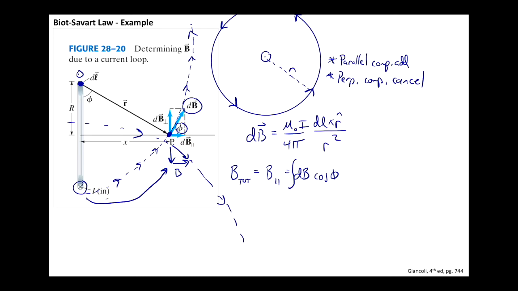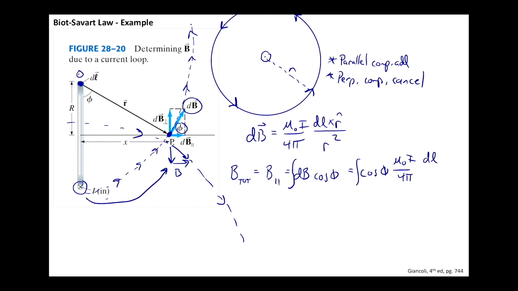Okay? So let's take that thing from above, plug it in, and see what all happens. All right? So let's see. What are we going to have now? Let's just put the cosine of phi out front. Why not? And then we'll have our mu naught I over 4 pi and dl.